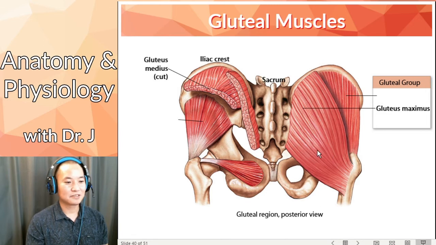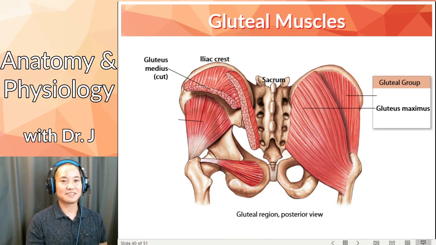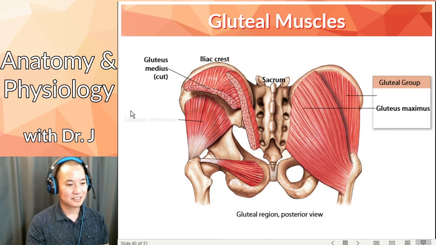So your gluteal group, you probably know about your gluteus maximus. And remember, this is another one talking about size, so your biggest of all those three glutes. Then you have your gluteus minimus, and you can't see it in this. This is a superficial view. The gluteus minimus is actually hidden behind the gluteus medius and gluteus maximus. So this is what we see on this side. You actually have three gluteal muscles per side.